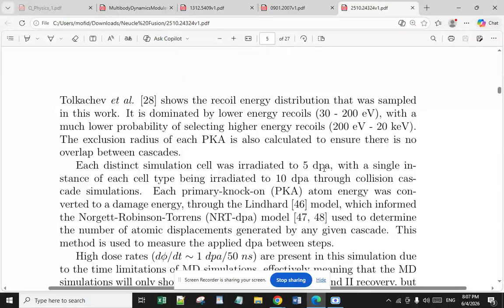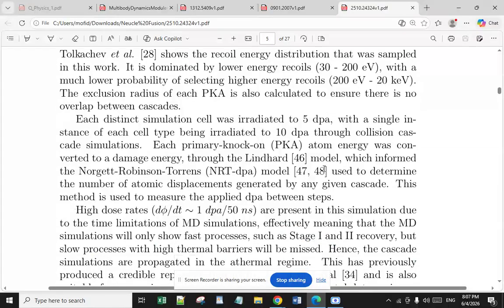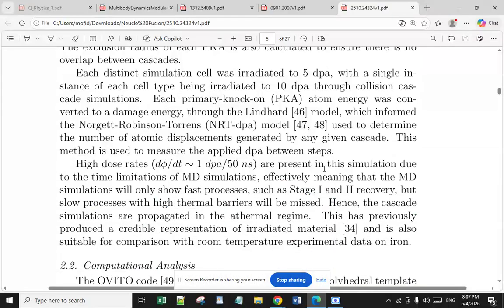The exclusion radius of each PKA is also calculated to ensure there is no overlap between cascades. Each distinct simulation cell was irradiated to 5 dpa with a single instance of each cell type being irradiated to 10 dpa through collision cascade simulations.